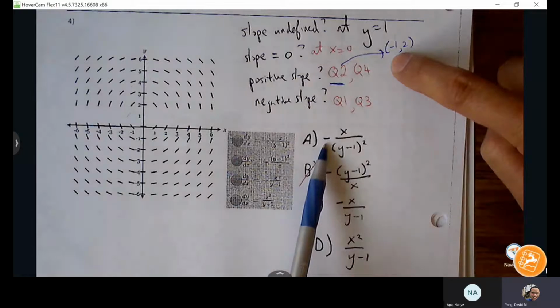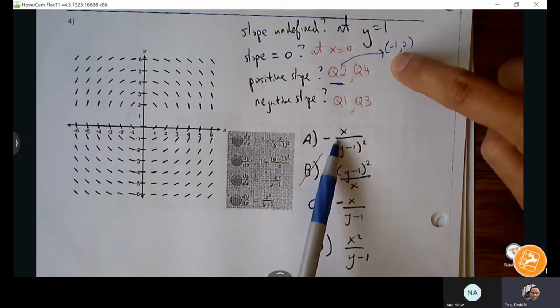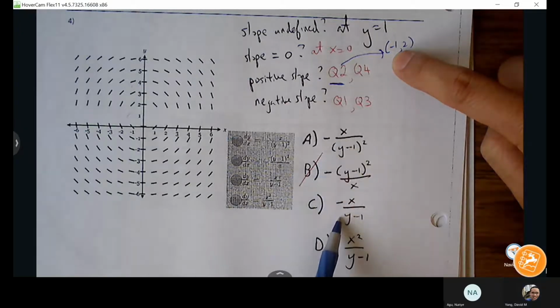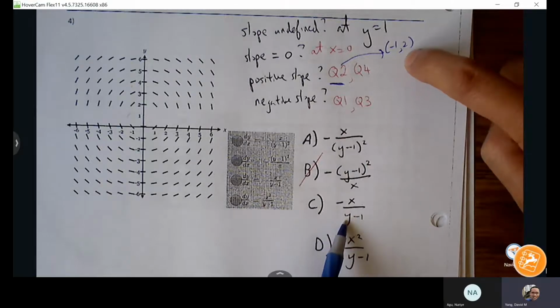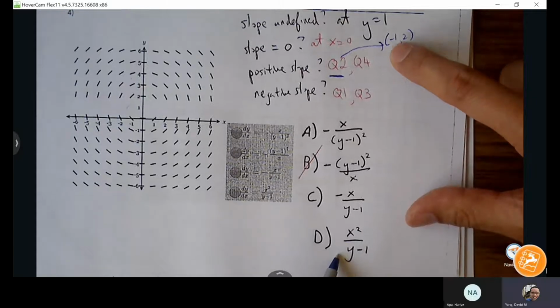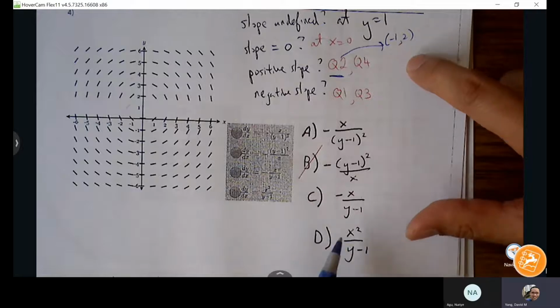So if I plug negative 1 here, denominator squared, so this is giving me positive. Okay, so that's good. This one, I'm getting positive over positive. That's good. All right, here, what happens if I plug in for D here? Yeah, I'm getting positive as well. Okay.